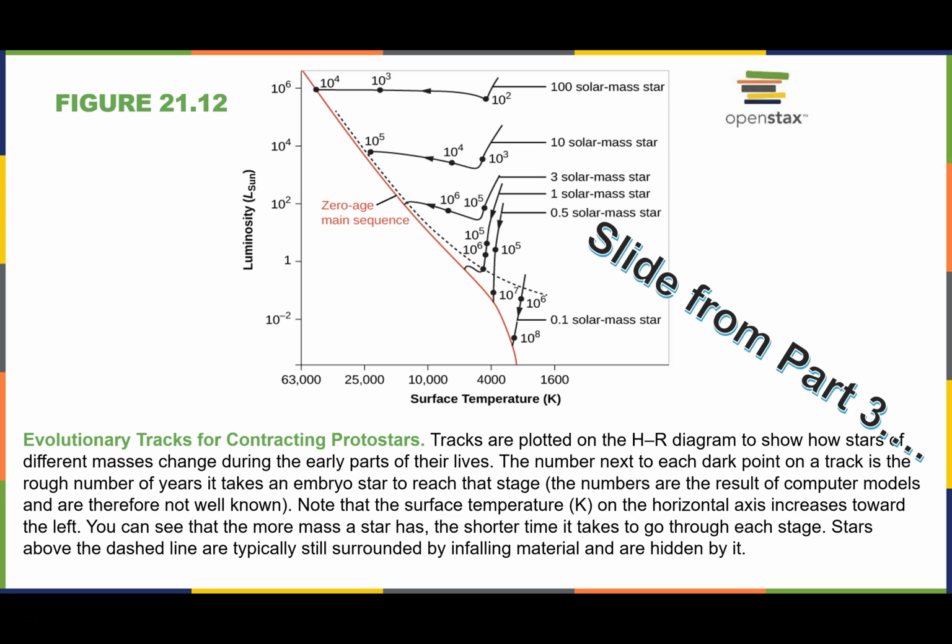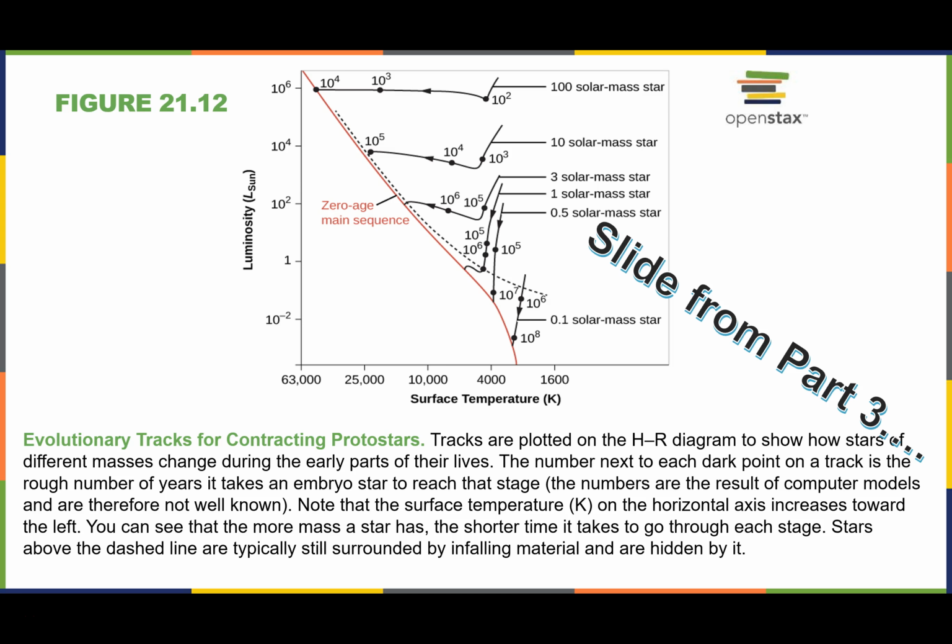So if we look at this, you would hopefully tell me that these are more massive, and these are less massive. Can you tell from here, where the times are written on, like 10 to the 4th is 10,000, 10 to the 3rd is 1,000, 10 to the 2nd is 100.